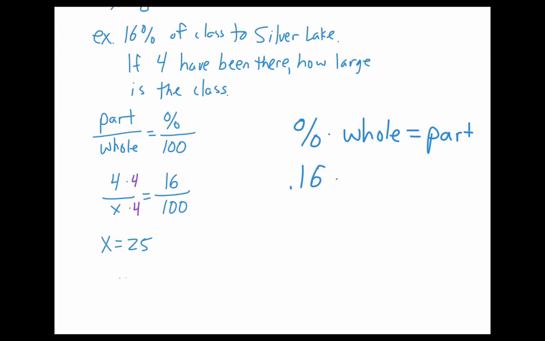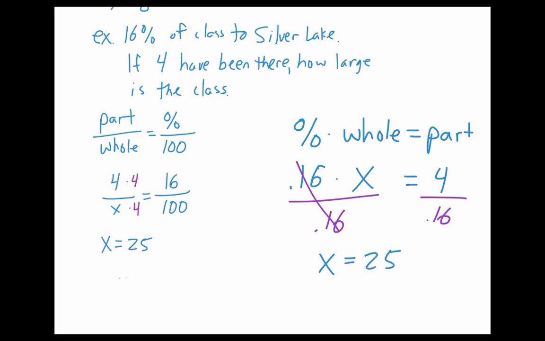Now we have times the whole equals the part. So if 4 have been there, is that the whole or the part? Part. That's the part. So you could say 4 is the part. So my unknown is the whole. Now to get X by itself, I divide by 0.16. And then if I punch that in my calculator, I get 25.